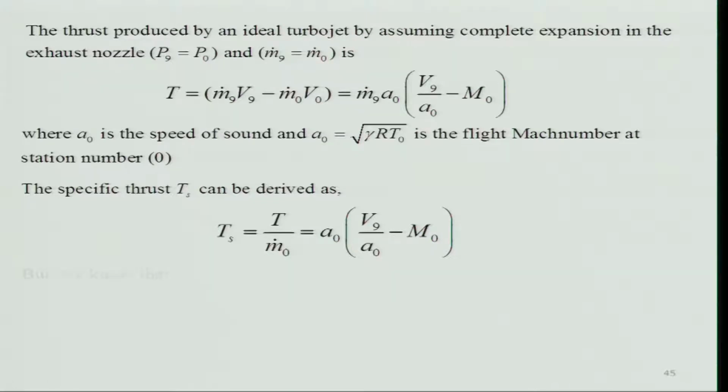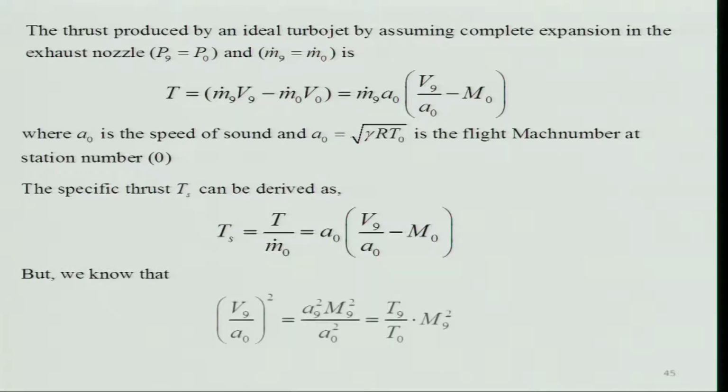We know that V9 by a0 squared is nothing but a9 squared M9 squared over a0 squared, and a9 squared is gamma9 R9 T9 and a0 squared is gamma0 R0 T0.